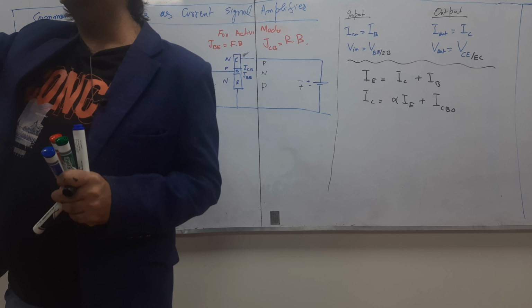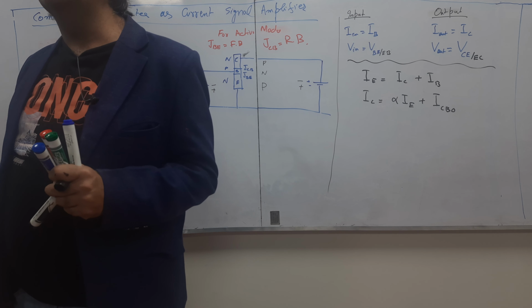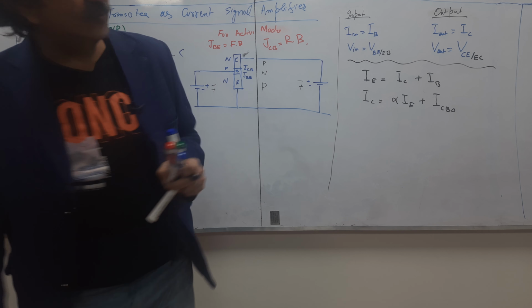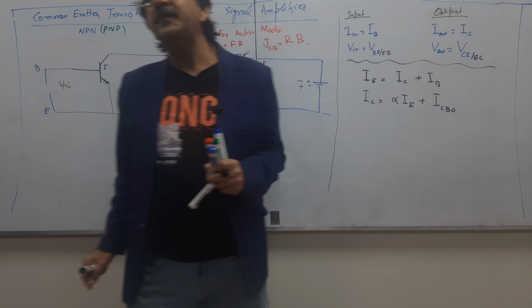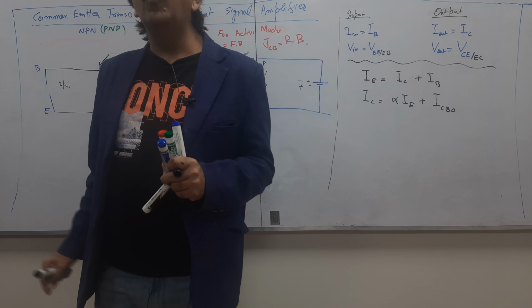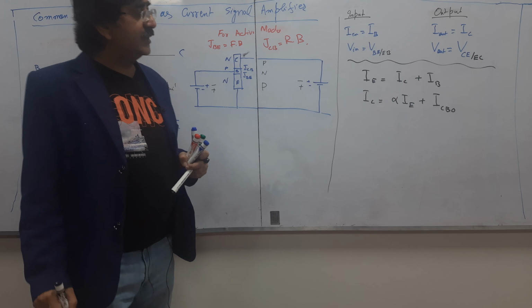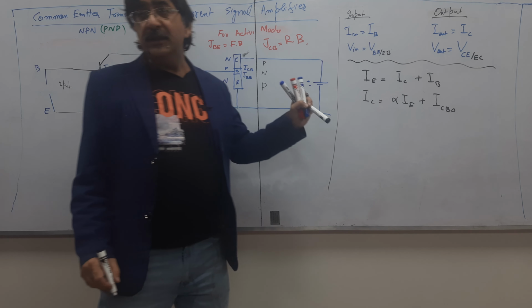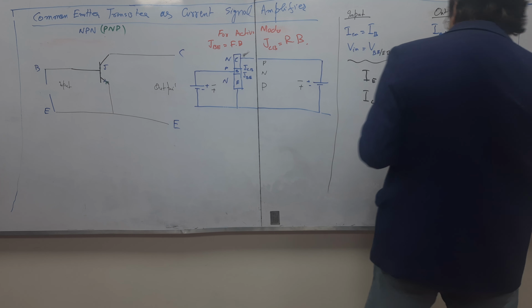That is exactly the same equation used in the common base. ICBO is a reverse current, where O means open, a leakage current. So these are two equations, 1 and 2.